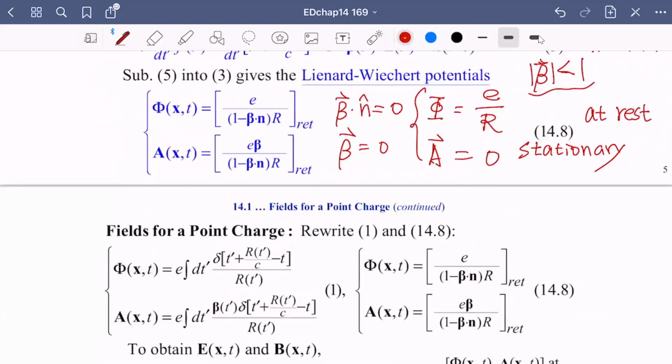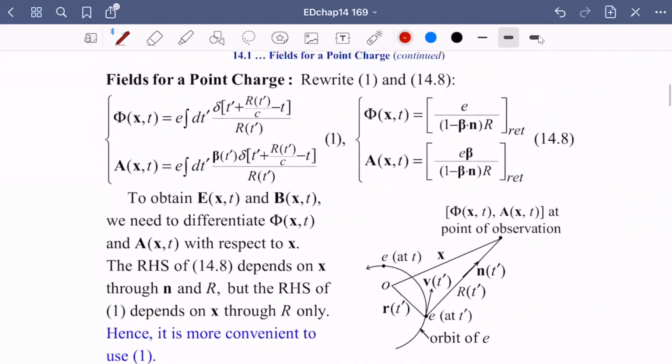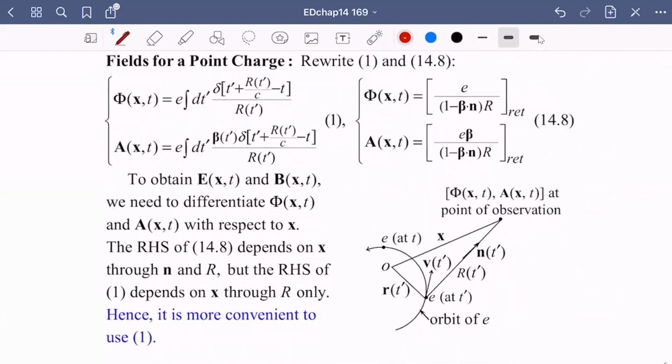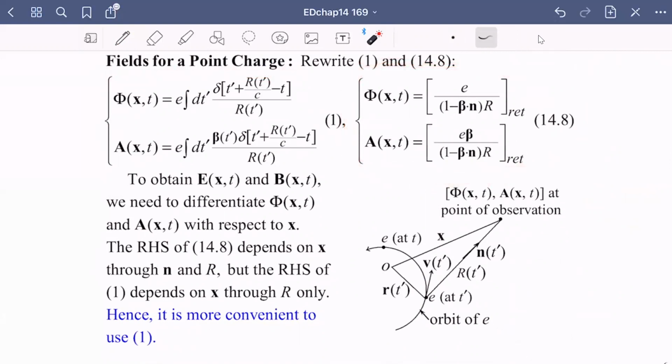Liénard-Wiechert potentials. Okay, fields for a point source, for a point charge, we have the Liénard-Wiechert potentials. And this is the integration form, to be integrated. And that's after integration. Which one is more convenient?